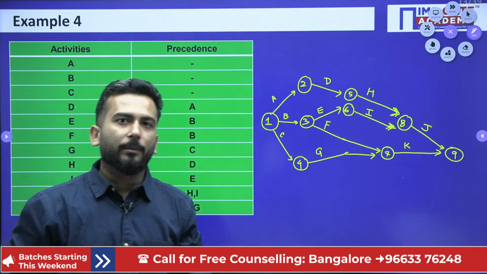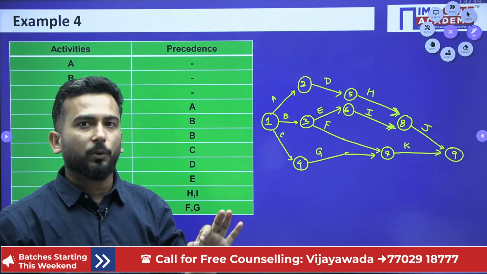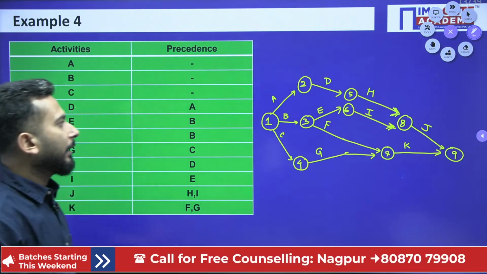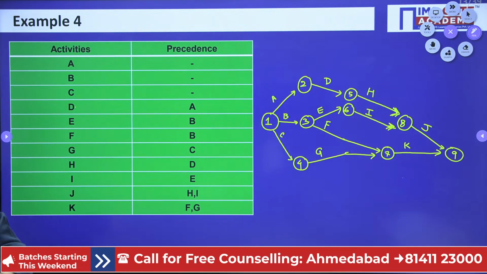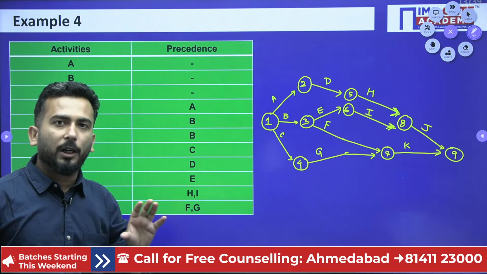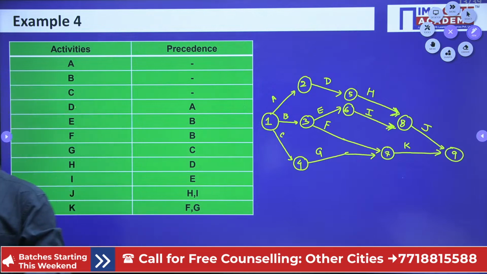So now I think, my dear friends, that this clears beyond doubt how to use your Fulkerson's rule, right? Fine. So is it clear till now? I hope things are very much clear as far as Fulkerson's rule is concerned, and about how to draw the network diagram and how to number them, right?